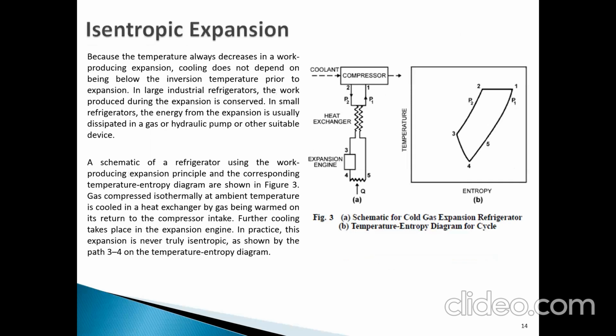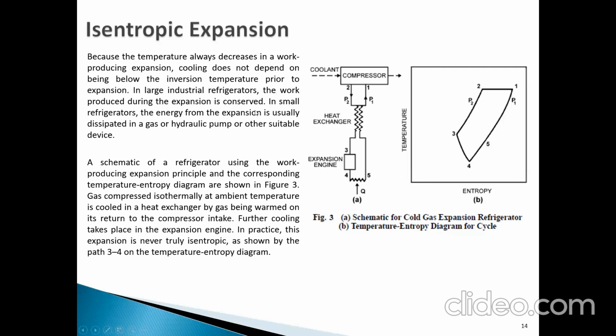So, wala itong tawag, isentropic lang. Because the temperature always decreases in a work-producing expansion, cooling does not depend on being below the inversion temperature prior to expansion. In large industrial refrigerators, the work produced during expansion is conserved. So, wala kang makikita ng saturation curve yan.